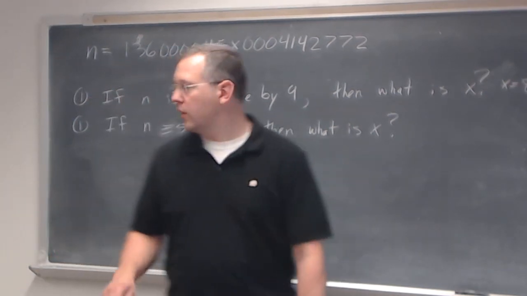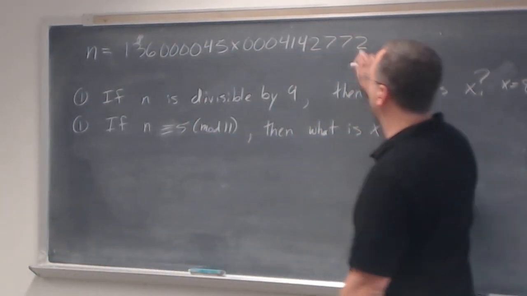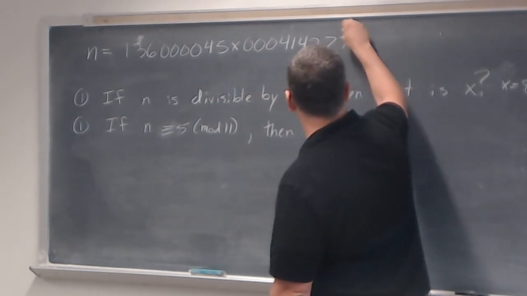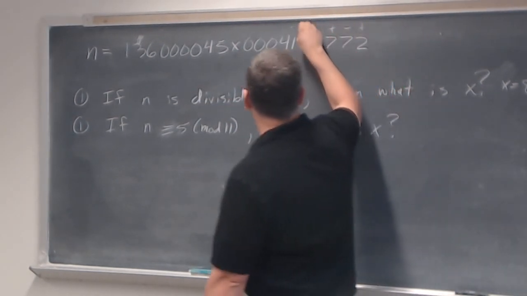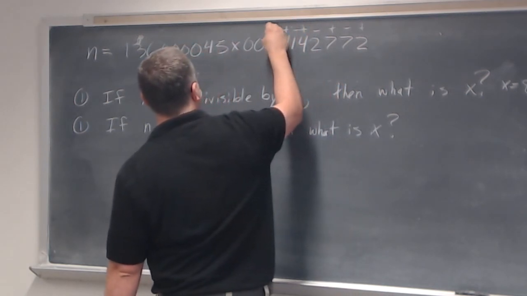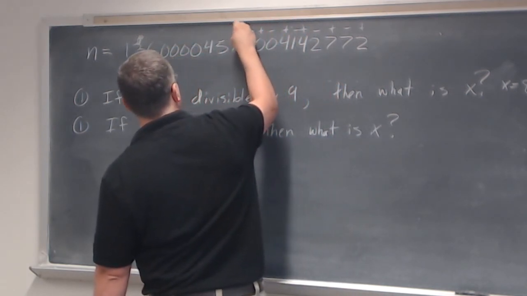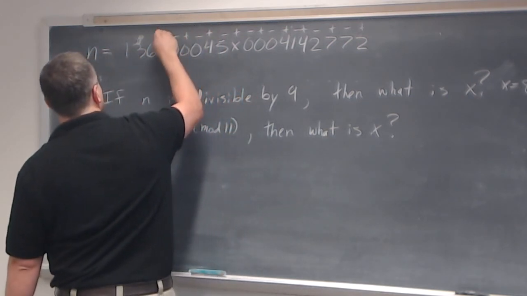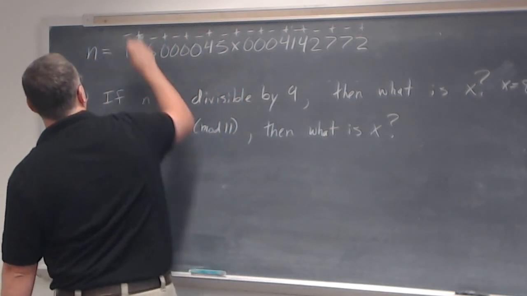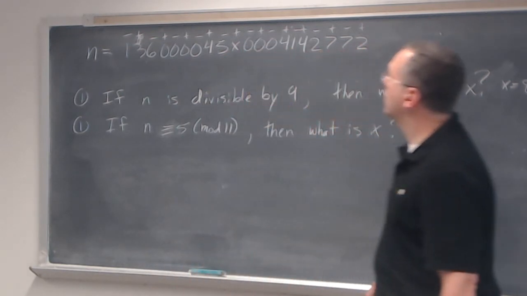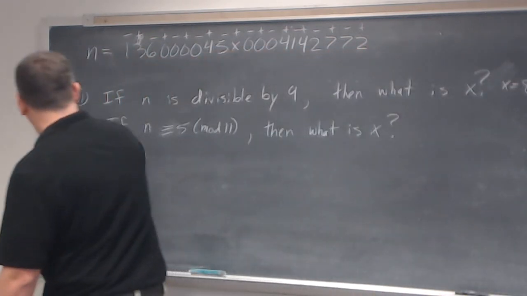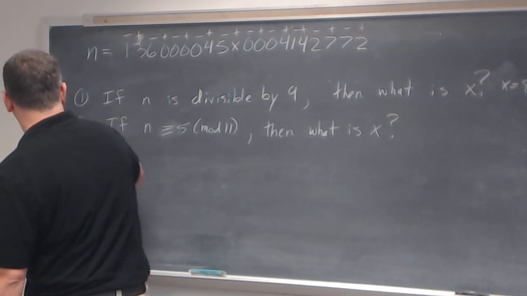So the idea is when you're doing mod 11, you don't add the digits. You have to alternate plus and minus the digits. When I switch the signs and add all that stuff, eventually I get it down to this. Number 1, part 2. Number 2.